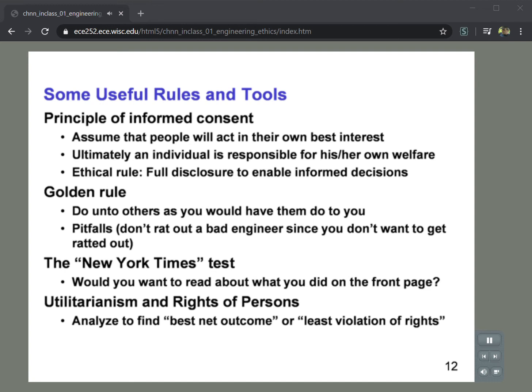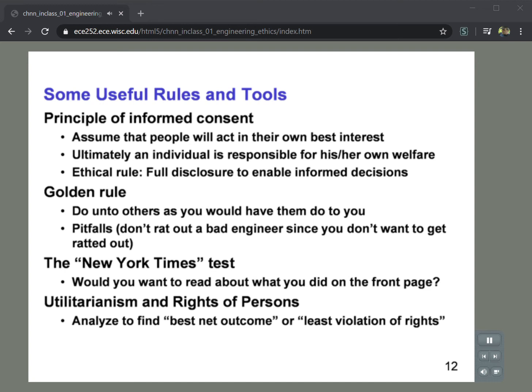I'm not going to make sure this bad design gets fixed because I wouldn't want them to do that to me. Well, that's clearly not the ethical outcome, particularly if the bad work being done by that coworker actually has serious implications on the safety or financial profitability or any other attribute of the work that person is doing.